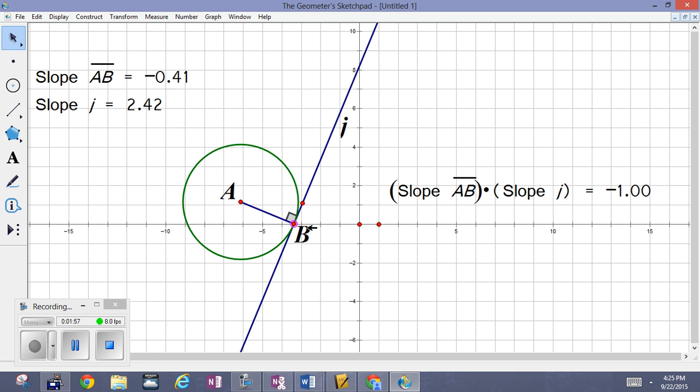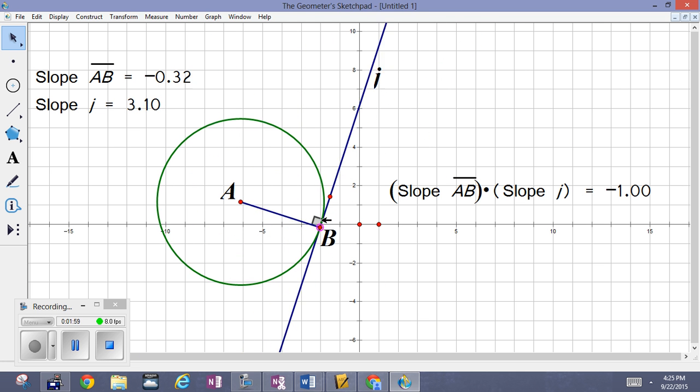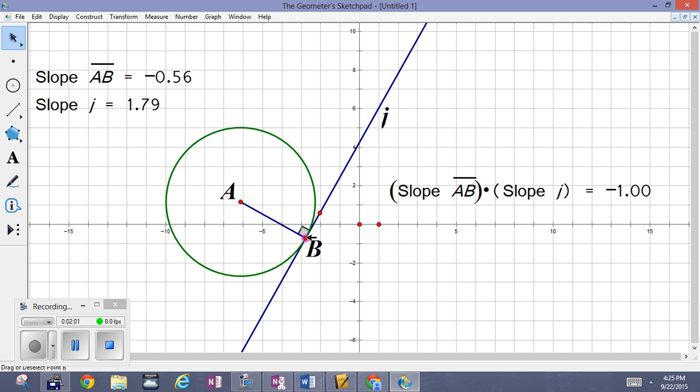The radius and the tangent are always perpendicular. A key concept, very key concept, because if you have the equation of this line and you have the point of tangency, then effectively you have the equation of the line containing the center of the circle.